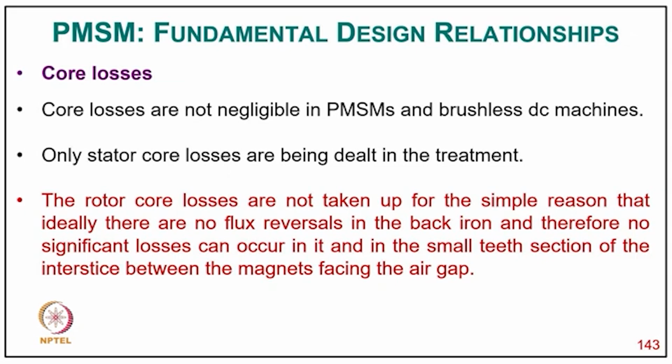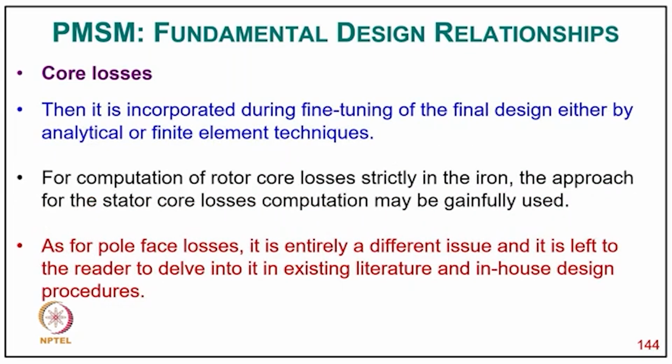Now coming to core losses, the core losses are not negligible in permanent magnet synchronous machines and brushless DC machines. Only stator core losses are dealt with in this treatment, and the rotor core losses are not taken up, for the simple reason that ideally there is no flux reversal in the back iron, and therefore no significant losses can occur in it, except in the small teeth section between the magnets facing the air gap.